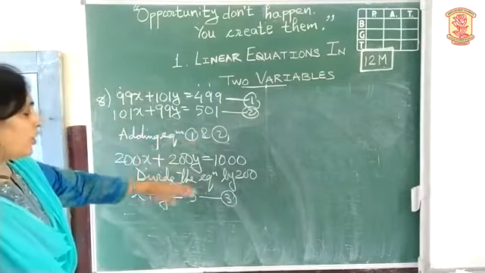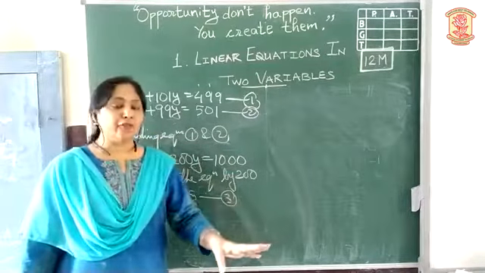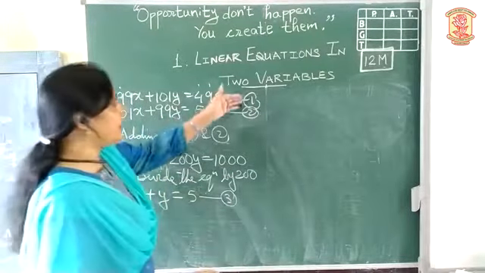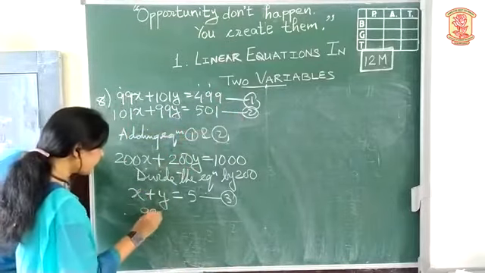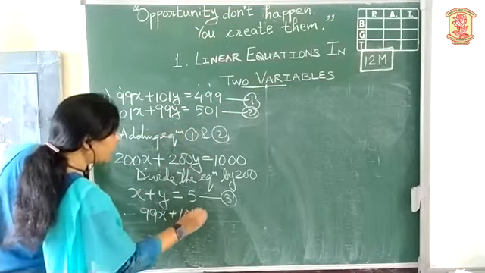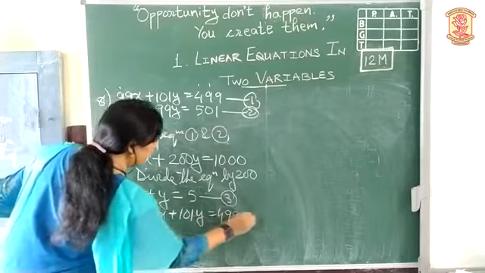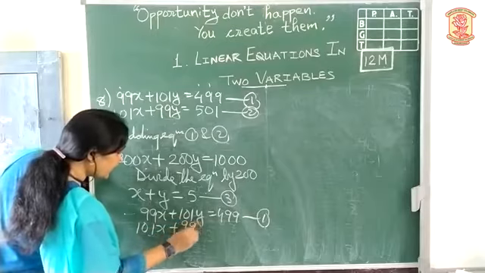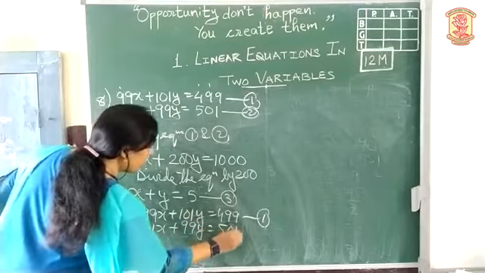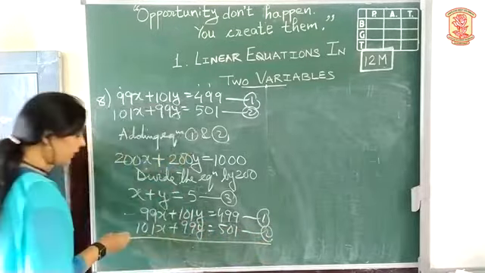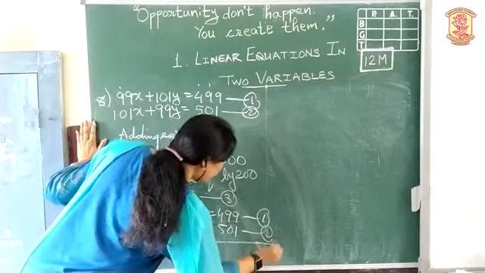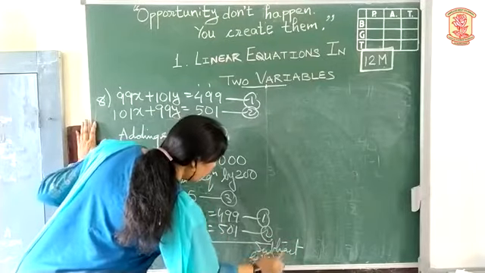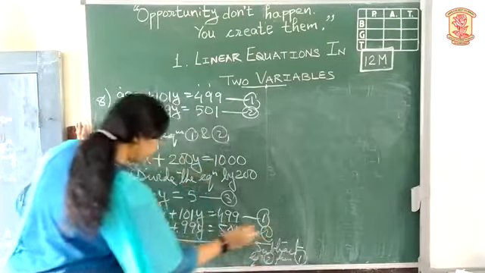Now we have added and got the third equation. Now we'll subtract and get the fourth equation. Again, we write the two equations: 99x plus 101y equals 499, that is the first, and 101x plus 99y equals 501, the second. Now what are we to do? We subtract equation 2 from the first.